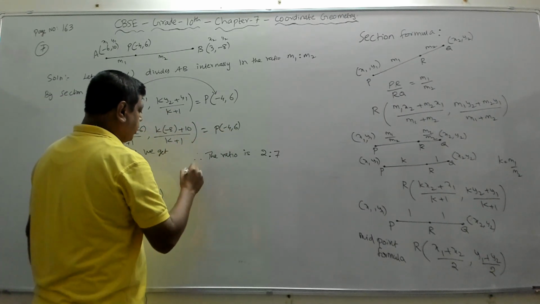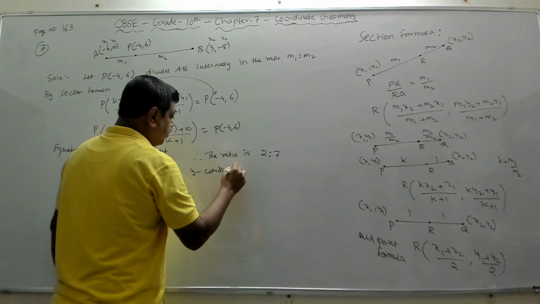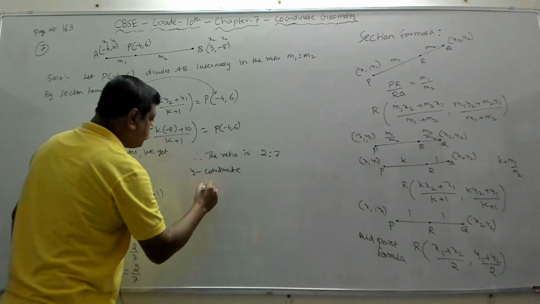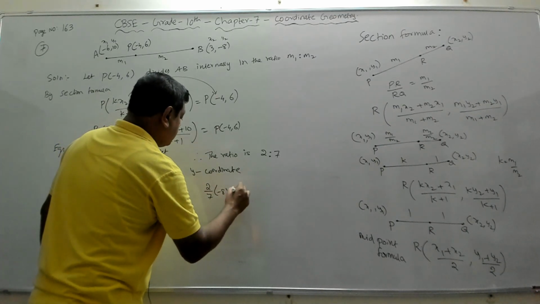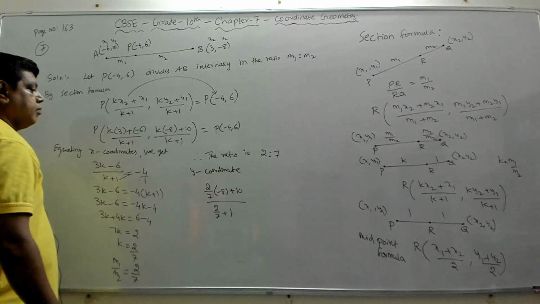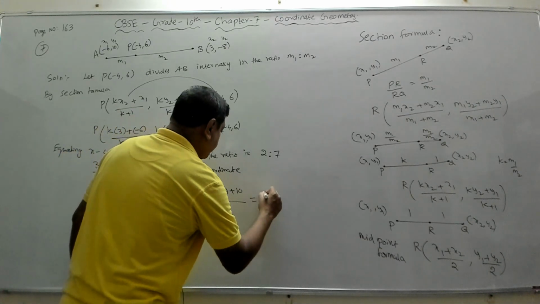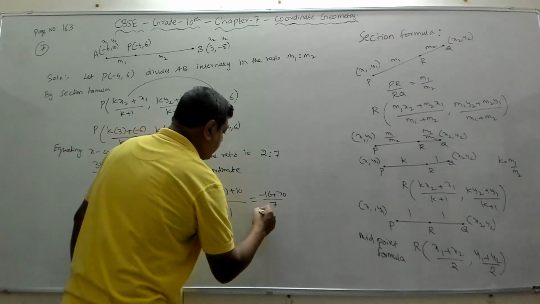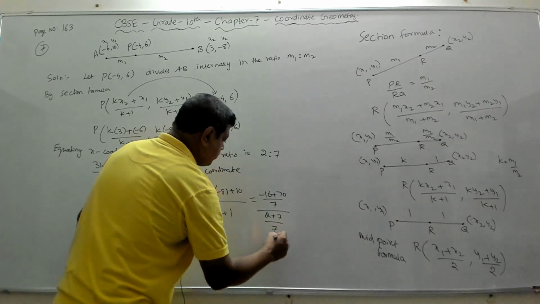So if you take the y coordinate and substitute k as 2 by 7, this will become 2 by 7 of minus 8 plus 10 by 2 by 7 plus 1, right? If you do the fraction addition, you get minus 16 plus 70 by 7, over 2 plus 7 by 7.